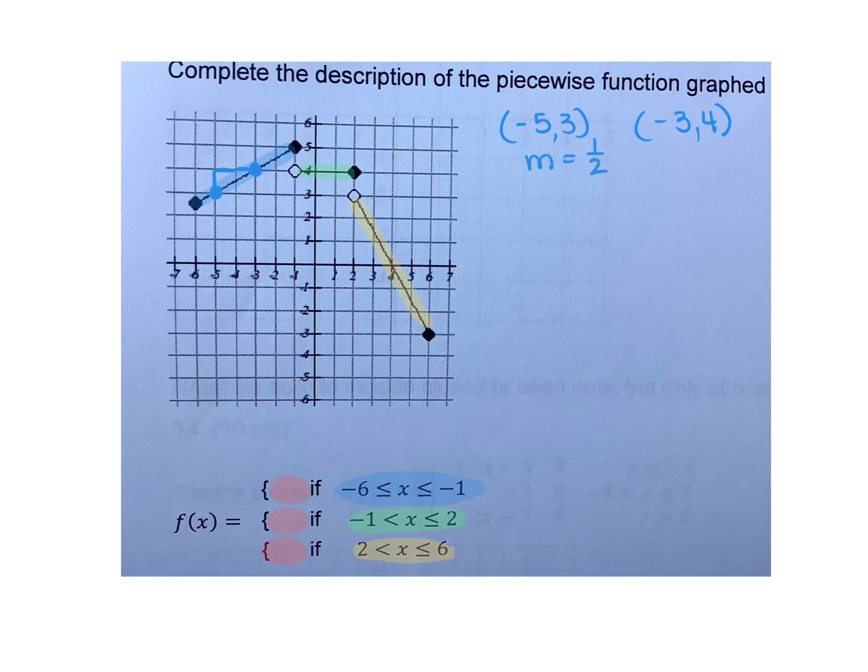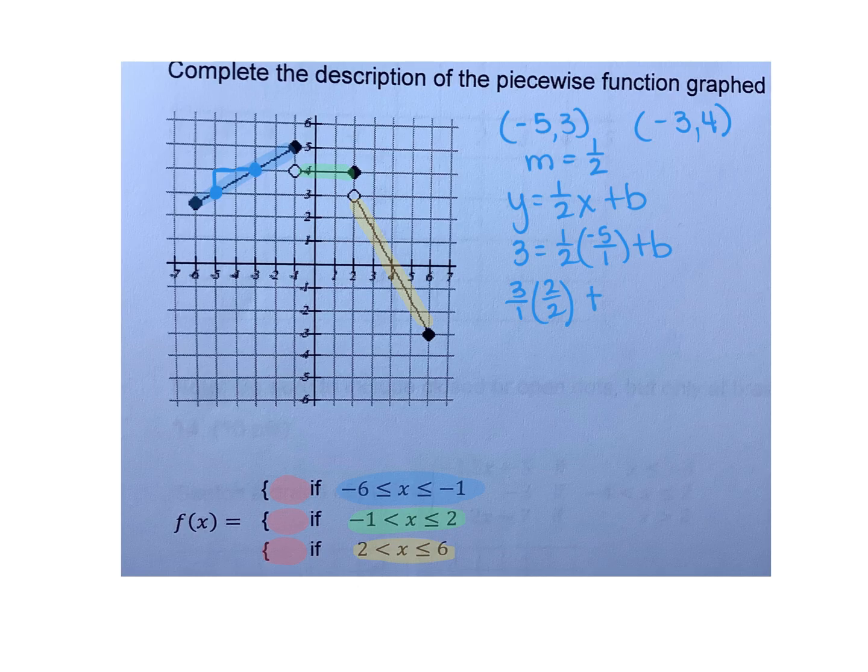And then I have to come up with my y-intercept. So most of you all, I feel like, did y equals mx plus b. So this is y equals 1/2 x plus b. And then I use one of the two ordered pair points. So I'm going to use 3 equals 1/2 times -5 over 1 plus b. So I have 3 over 1, getting a common denominator, and this is going to be -5/2.